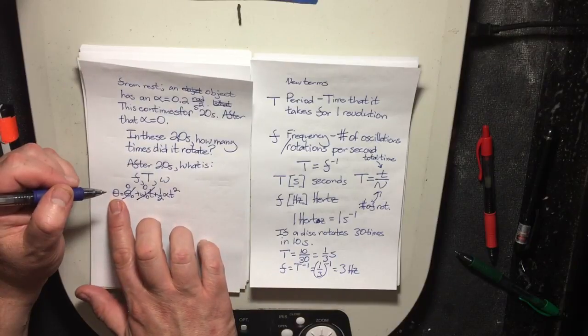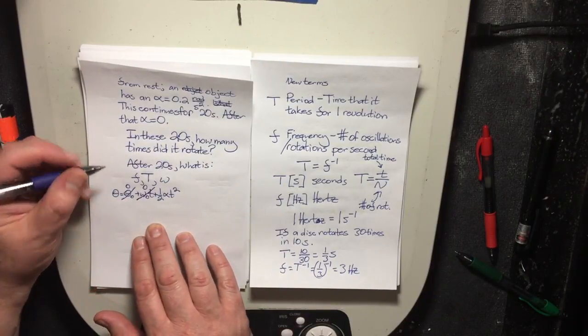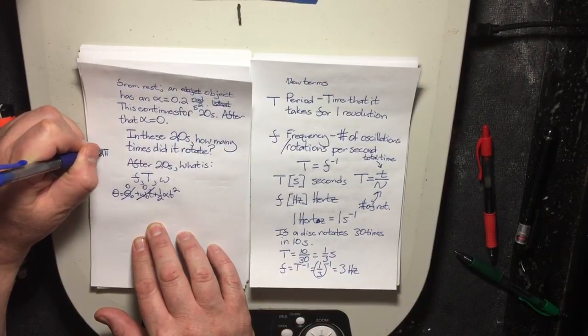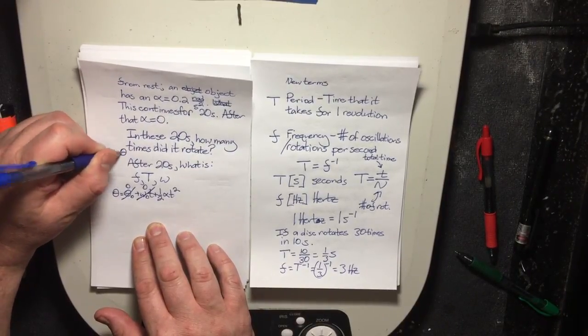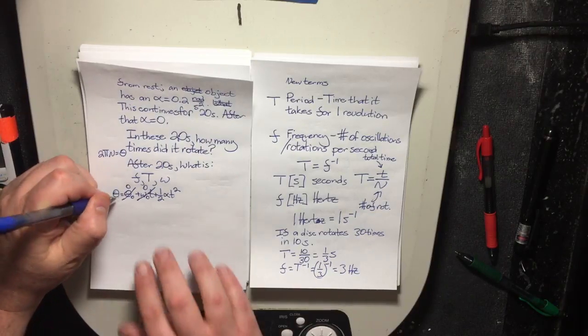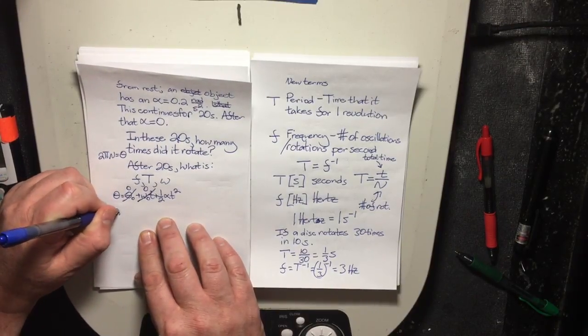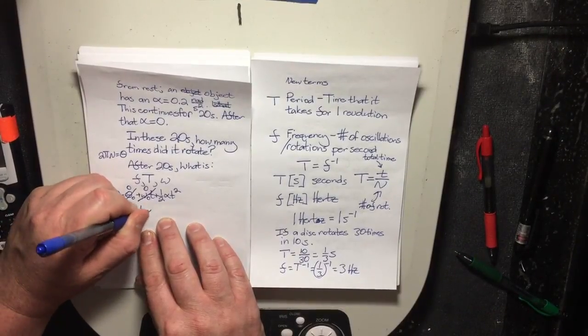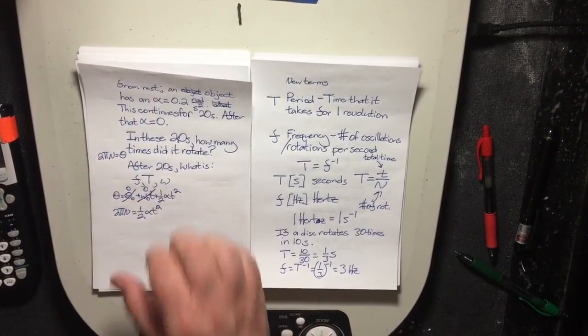We talked about earlier this week that 2 pi n is equal to theta. If you make one rotation, the rotation is 2 pi radians. If you make two rotations, it's 4 pi radians. So this simplifies to 2 pi n equals 1/2 alpha t squared.